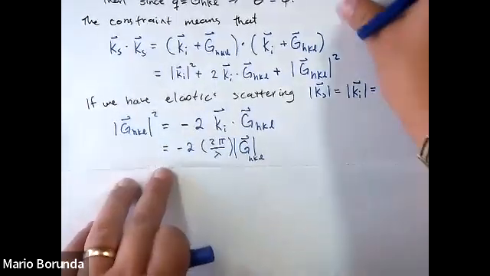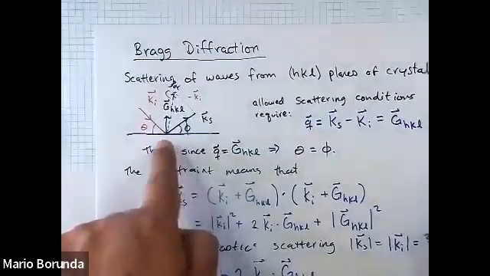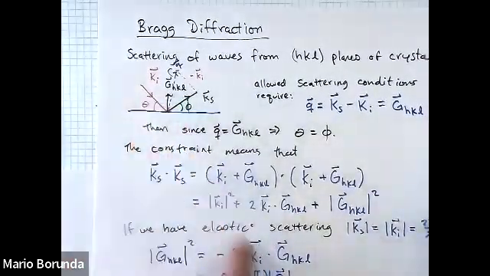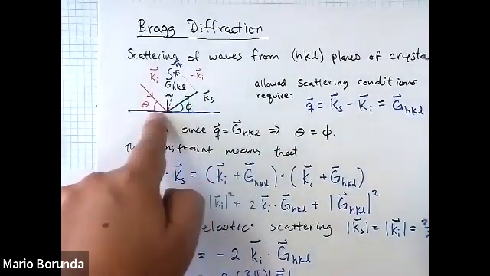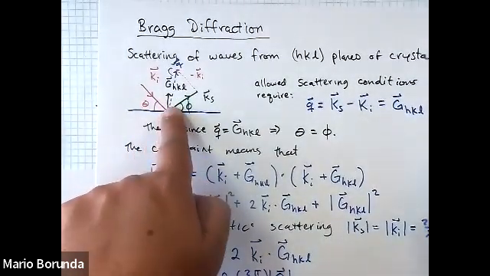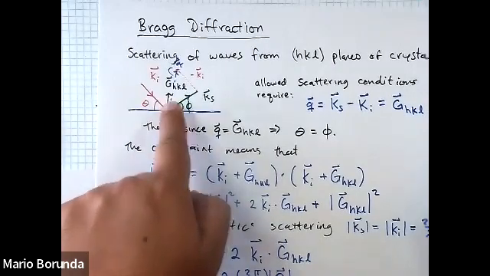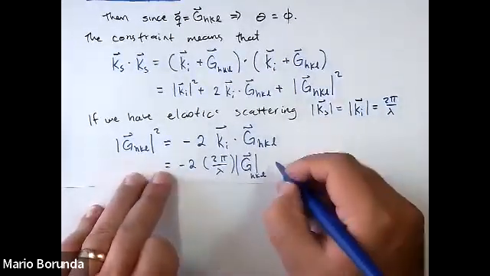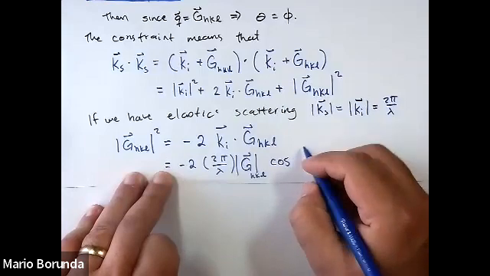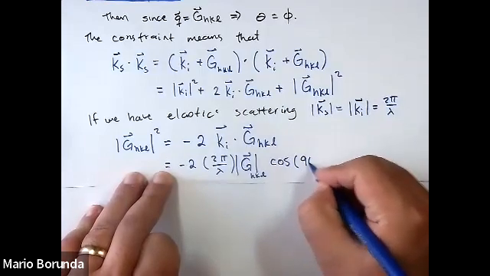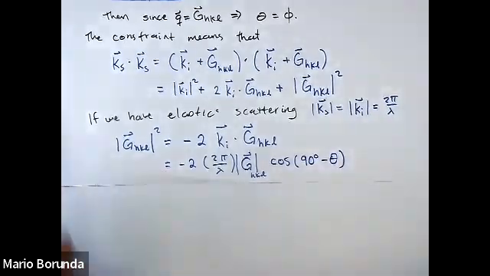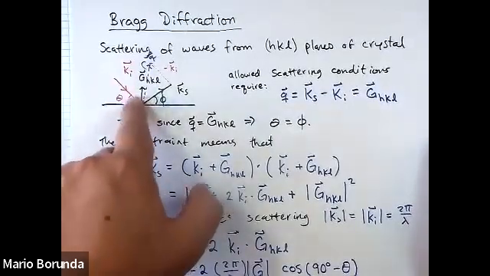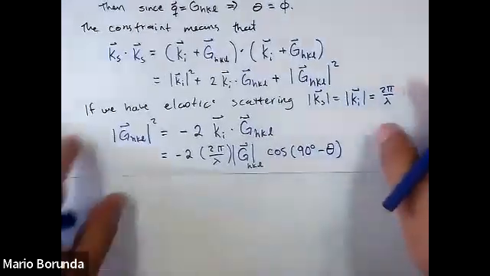And then I have to look at the angle between G_HKL and Ki. So you see that the angle is not theta, right? It's not theta. It's 90 minus theta. So if I'm dotting those two guys, the next term would be cosine of the angle between them, and the angle between them is 90 minus theta. And that's just looking at this vector versus this vector, right? That angle.